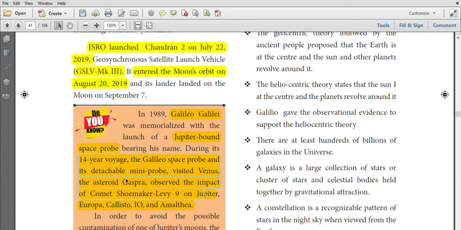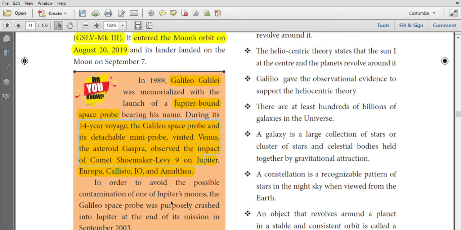It observed the asteroid Gaspra and the impact of comet Shoemaker-Levy 9 on Jupiter. Europa, Callisto, Io, and Amalthea are moons of Jupiter.